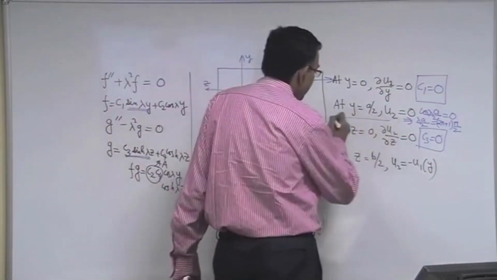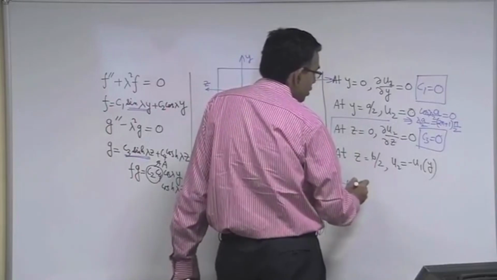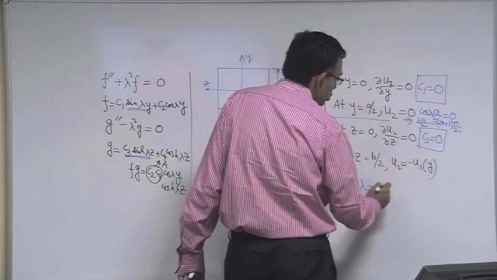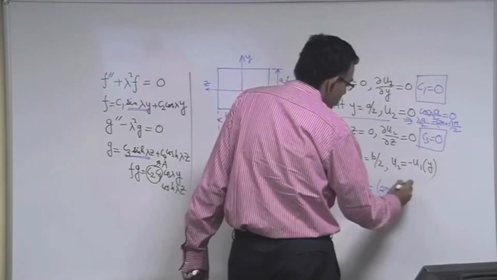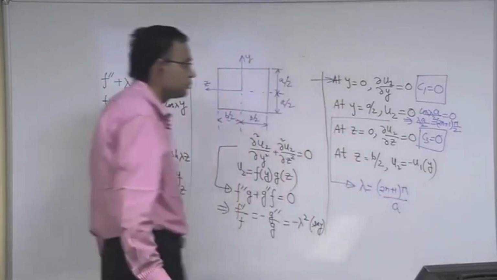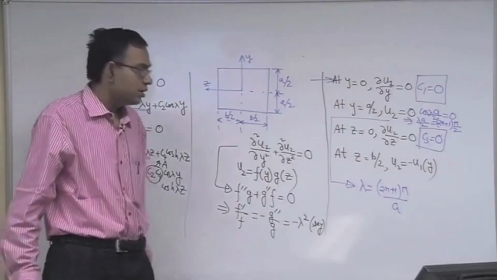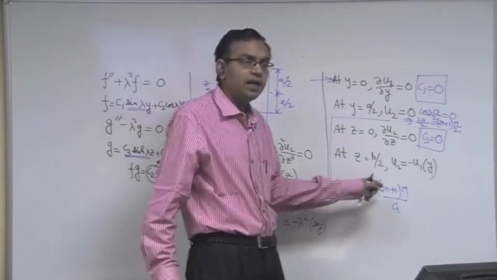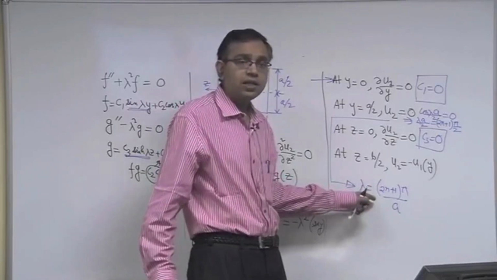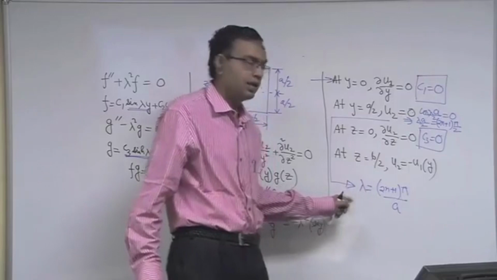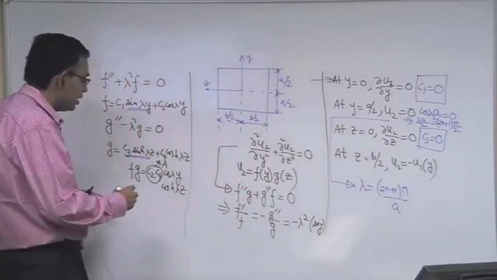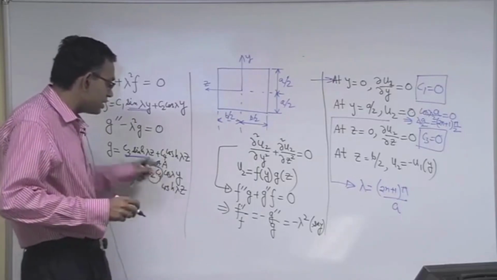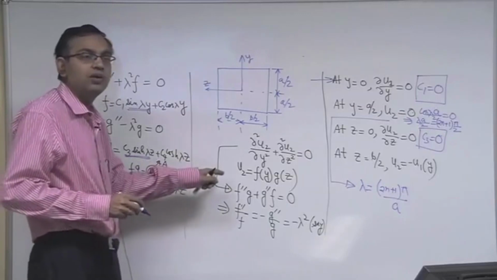So, let us write it in a bit of a more elaborate way here. So, you will get lambda is equal to 2n plus 1 into pi by a, right. So, how many possible values of lambda are there? If you have infinite number of possible values of n, then for each value of n there will be a value of lambda, and because it is a linear differential equation, for each value of lambda, if this is the solution, then the general solution is the summation of the solution for all possible values of lambda.